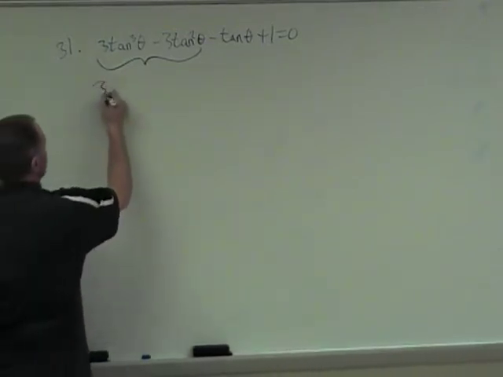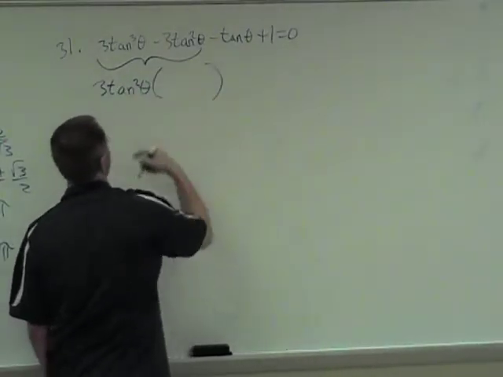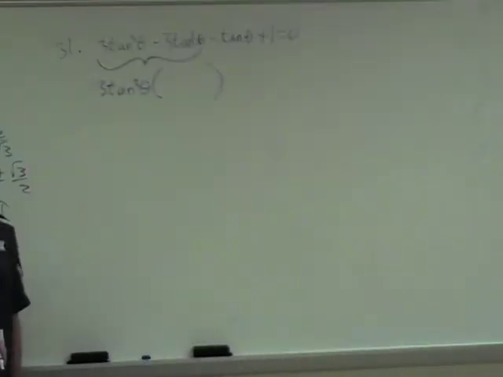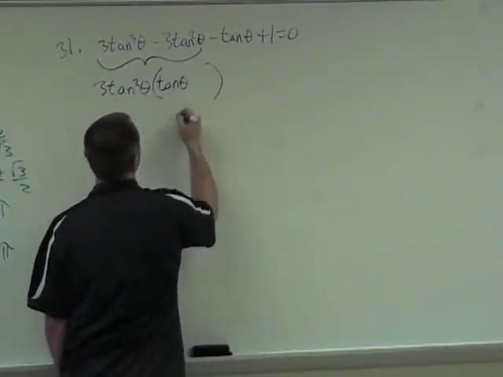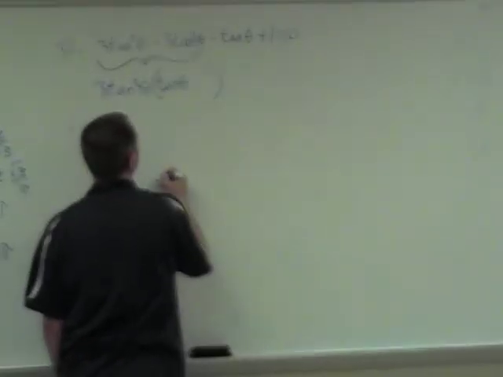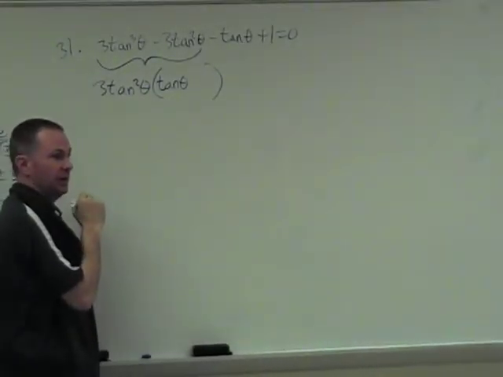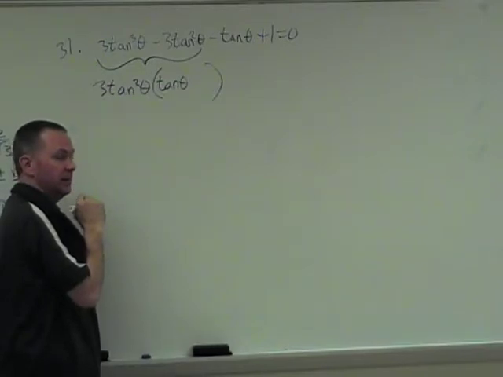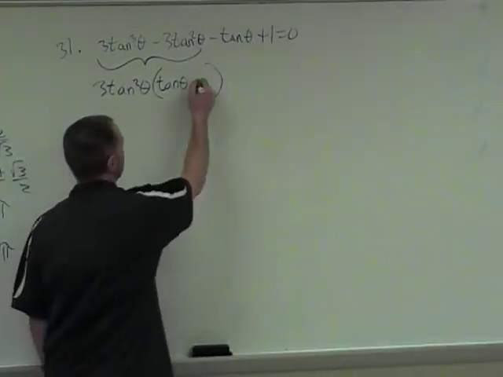So 3 tangent squared of theta, and what's inside that? Tan theta. If I divide each of these by 3 tangent squared theta, what do I get? Tangent theta minus 1, thank you.